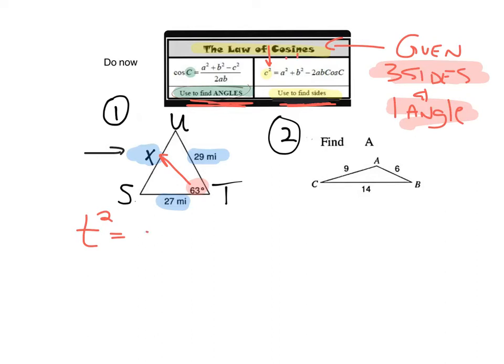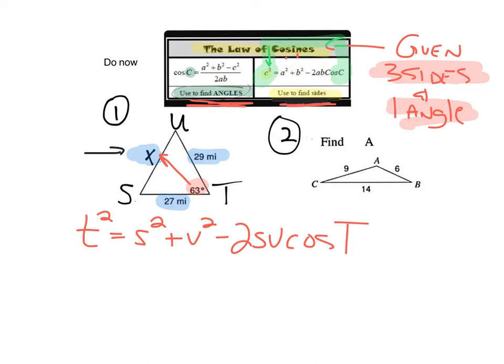So here I'm going to have T squared equals S squared plus U squared minus 2SU times the cosine of angle T. The side that you're trying to find, you always have to match that up with the angle opposite it. So in this case, since I'm finding side T, I'm going to be using angle T.